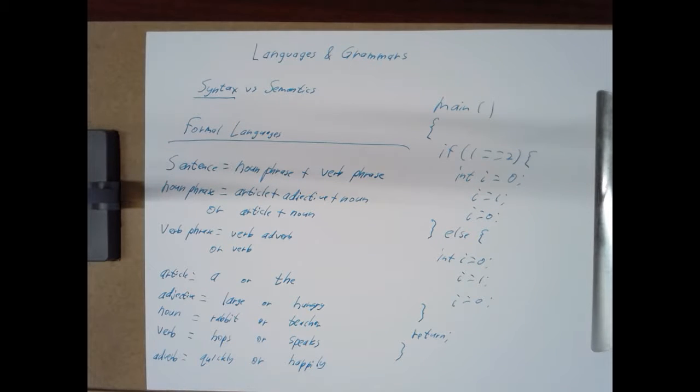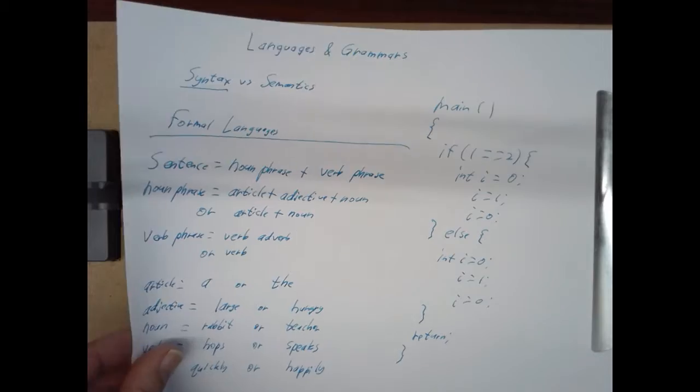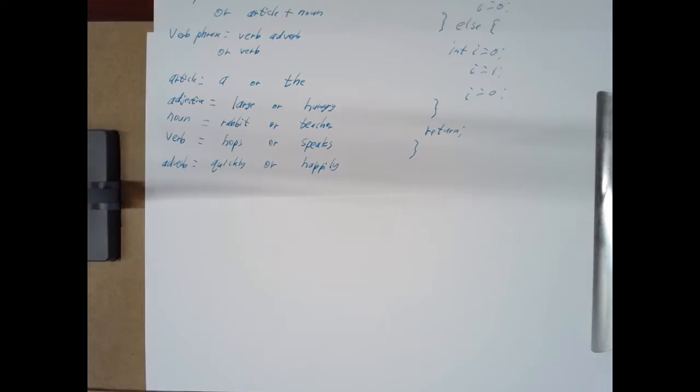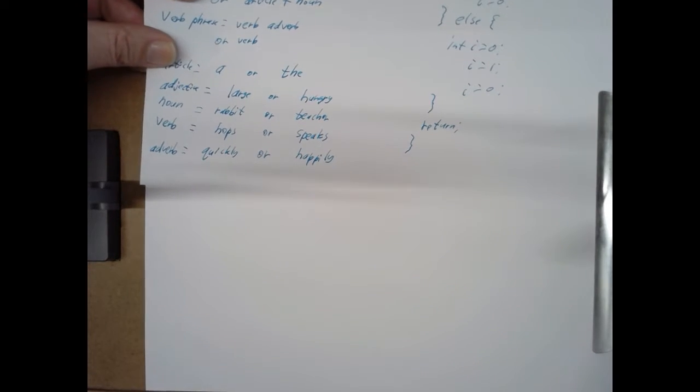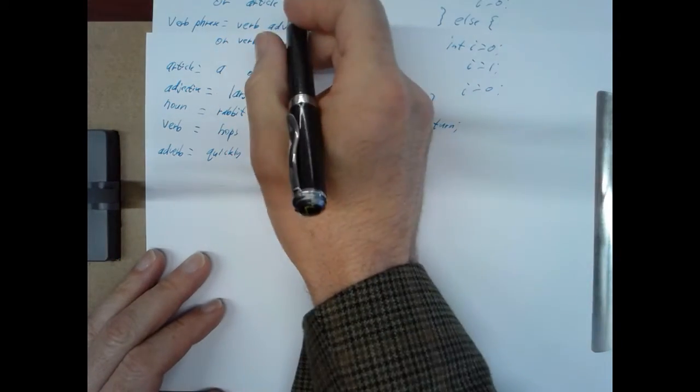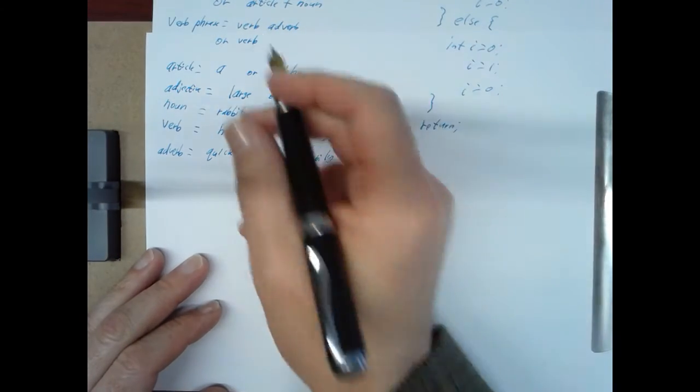And now we have enough to create sentences and to identify something as a sentence. So we can use these definitions, and for example, we can create a sentence. How would we create a sentence? Well, we need a noun phrase, and a noun phrase could be an article, adjective, noun, or an article, noun. Let's do an article, noun.